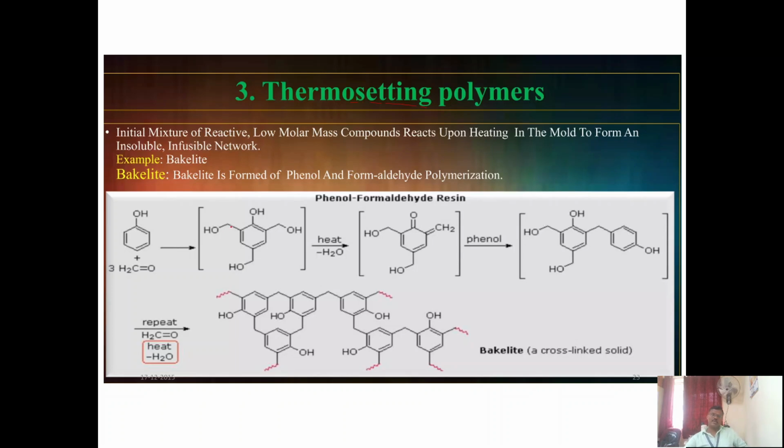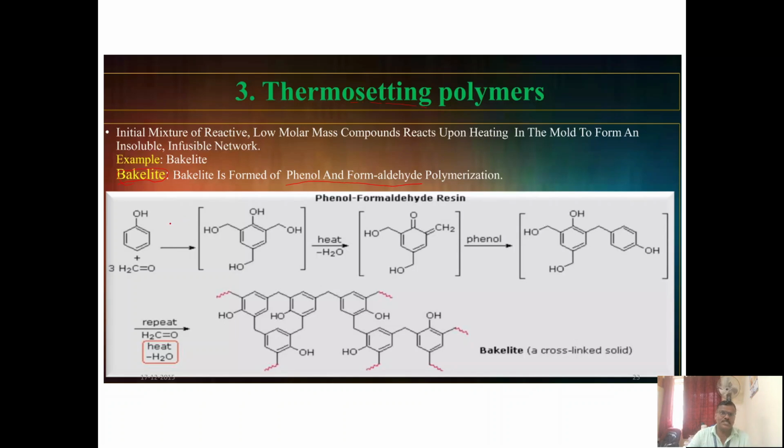How do you prepare that? The example I gave here is bakelite. What is bakelite? Bakelite is nothing but phenol formaldehyde resin. That's another name.